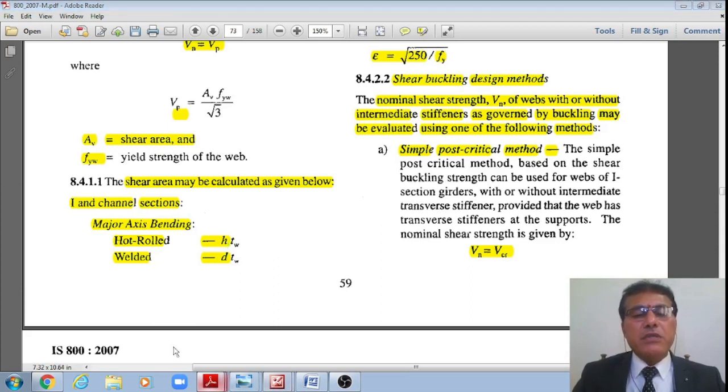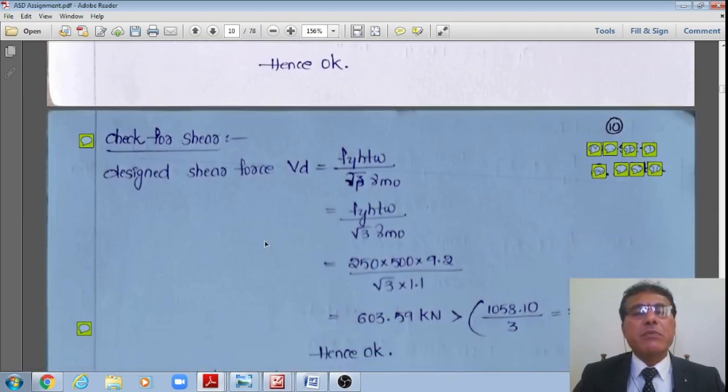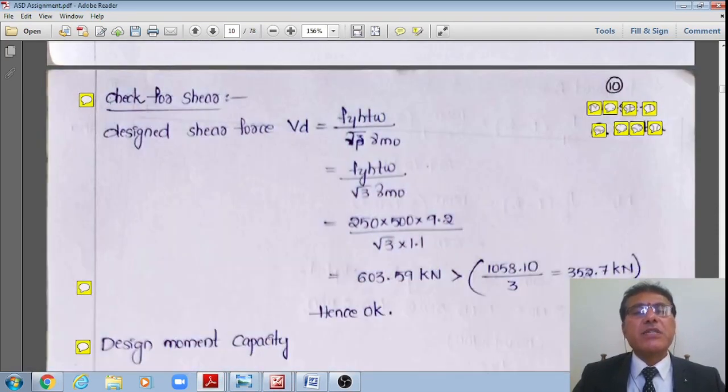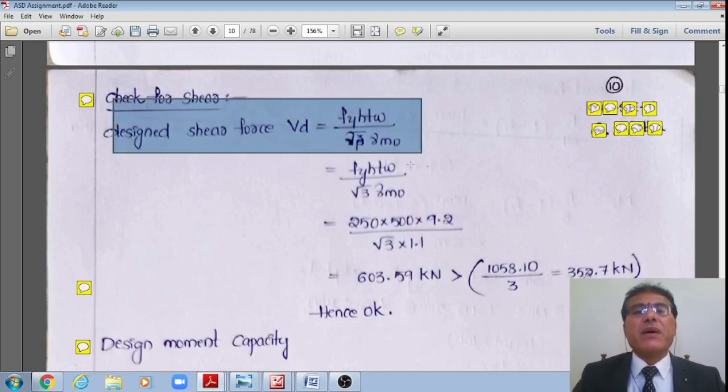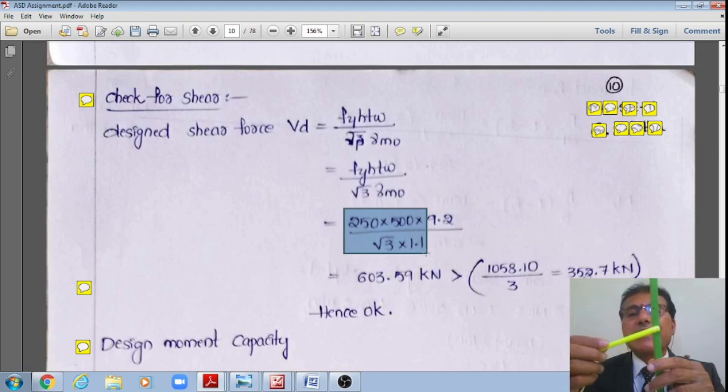Therefore, substituting these into this formula, I get the design shear force VD equal to Fy, 250 divided by 1.1, divided by root 3, multiplied by H, the depth of the web, which is 500 mm, and the thickness of the web, 9.2, divided by 10 to the power 3.